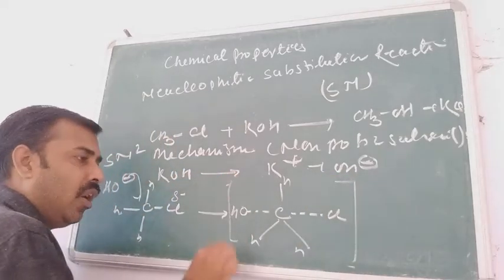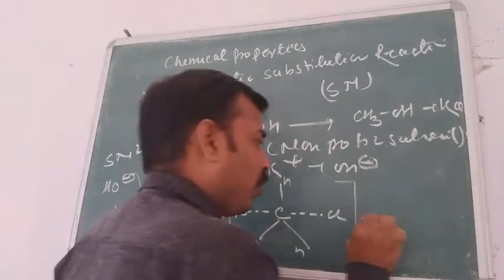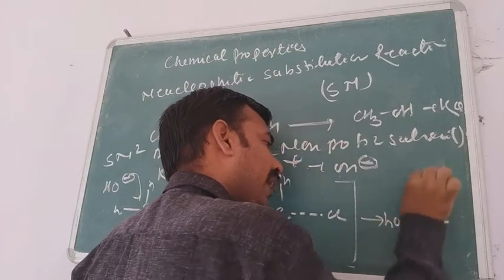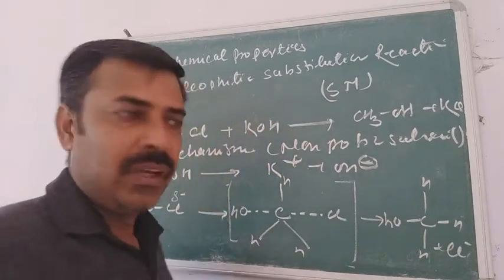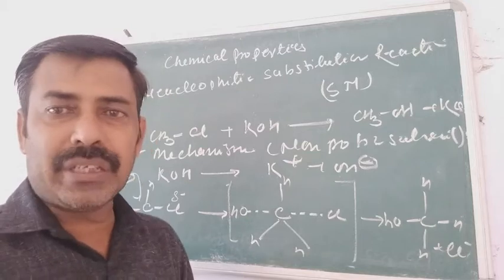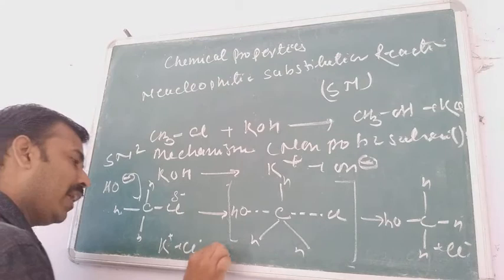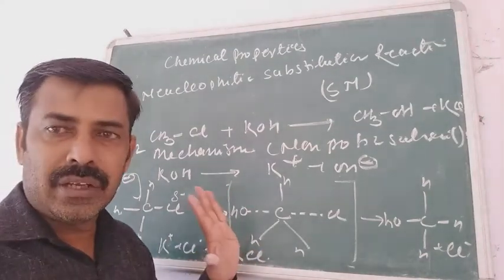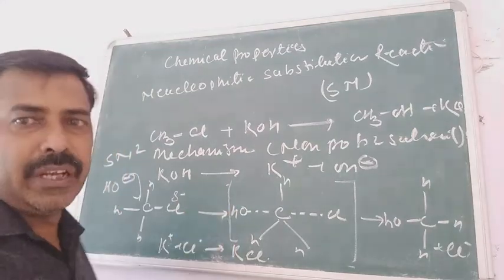A highly unstable pentavalent intermediate, and finally this compound will break to form CH3OH along with Cl minus, and this Cl minus will again combine with K plus to form KCl. So here it will be K plus and Cl minus giving KCl, and this is the overall reaction. Just note it down, then we will discuss the next.